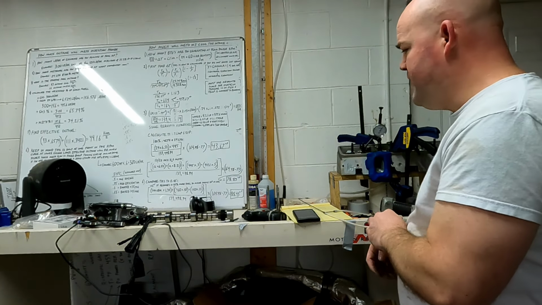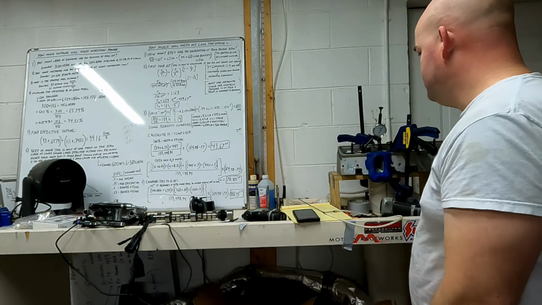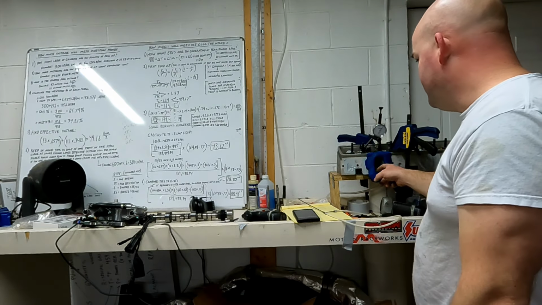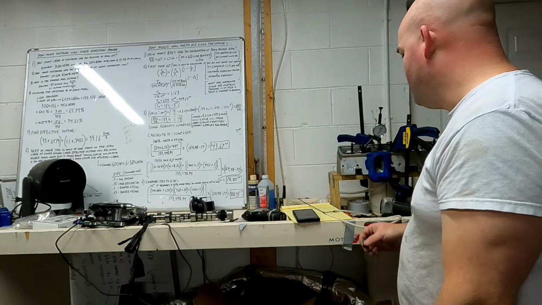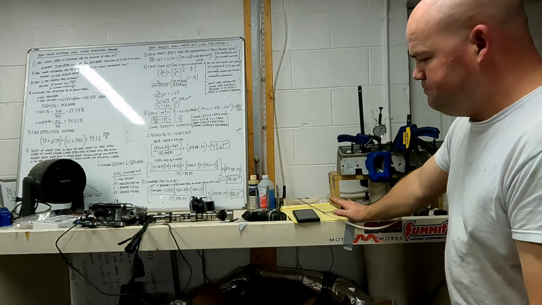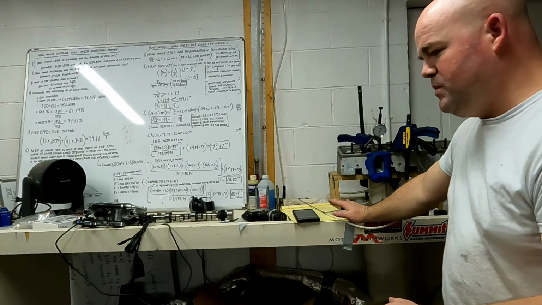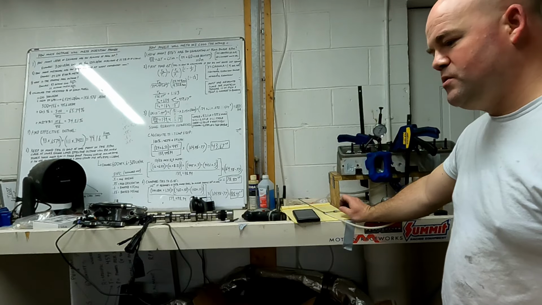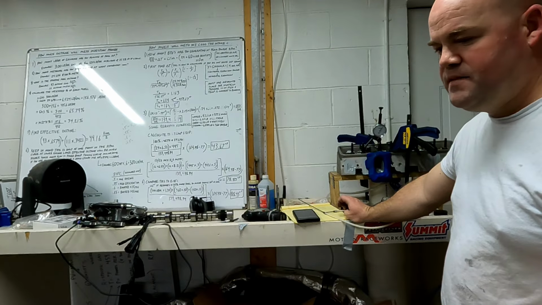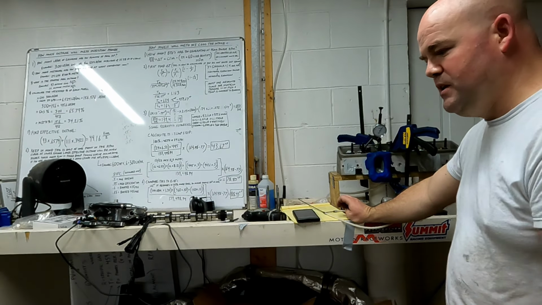These are all methods that you incorporate to figure out what your port wants. There's a lot of people that will tell you a lot of things about what the shape needs to be, what the short turn radius needs to be, what the math says their cross-sectional area needs to be.